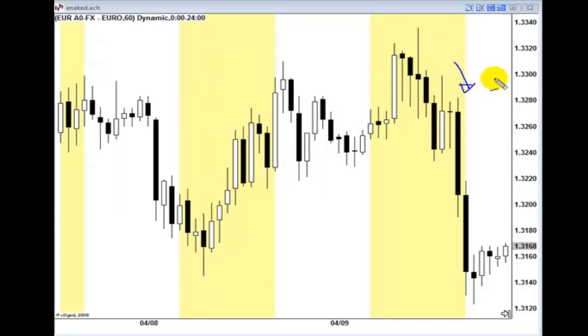Now there are two ways to do it. You can either just enter the trade as soon as you see the pattern, or you can wait for confirmation. And confirmation means that we're looking to see the price move below the low of the candle, which was the spike. All right, so you can either wait for it to move down, or you can enter the trade at that price as soon as the hour or the 5 minute or whatever rolls over.